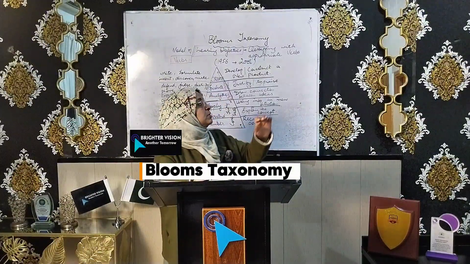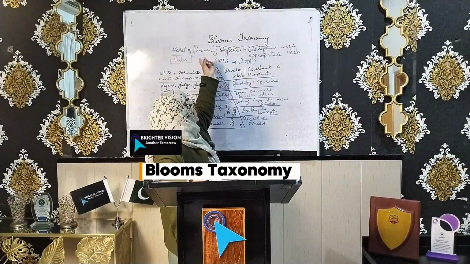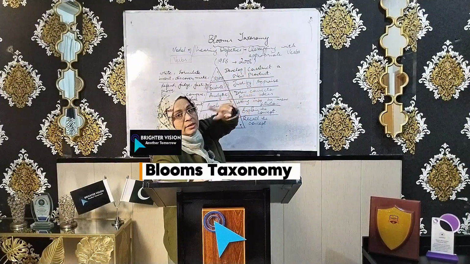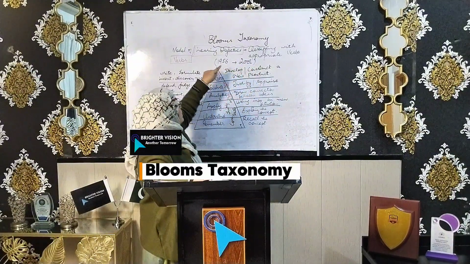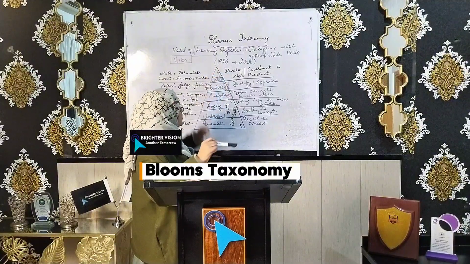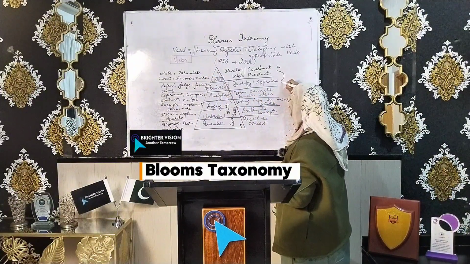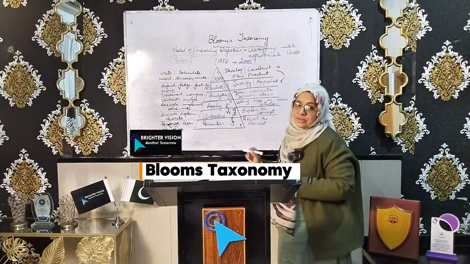So, after making this learning objectives pyramid as per Sir Bloom's theory, let me tell you. In 1956, when he made this theory, creation was here and after creation was evaluation.